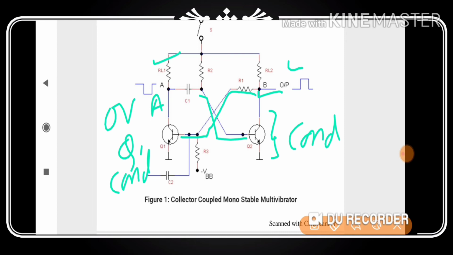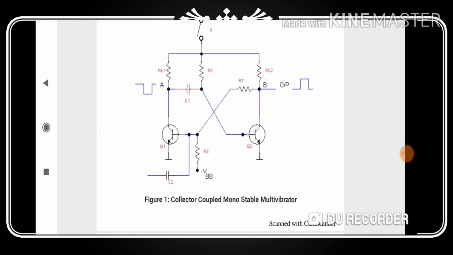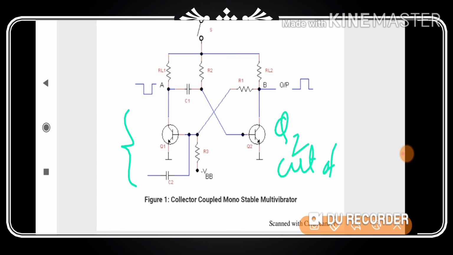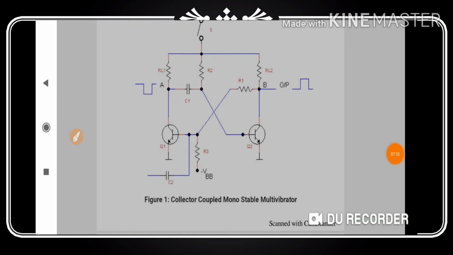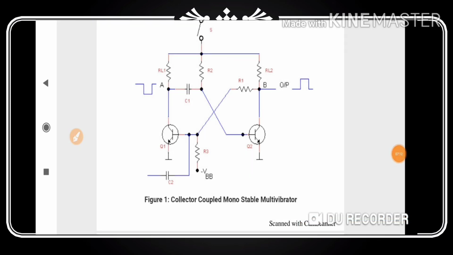This action is cumulative and ends with Q1 conducting in the saturation state, and Q2 in the cutoff region, not conducting. Next, see how it returns to the initial stable state.